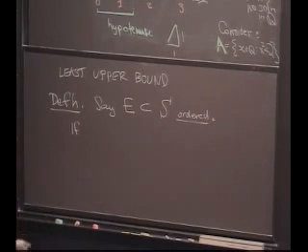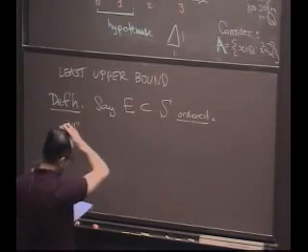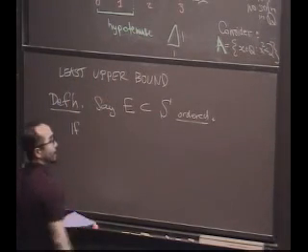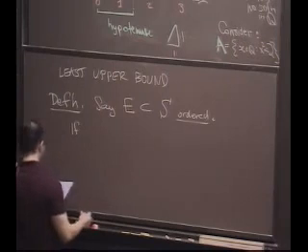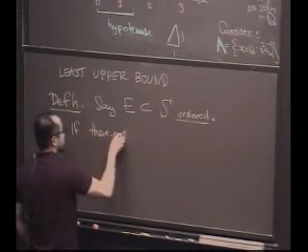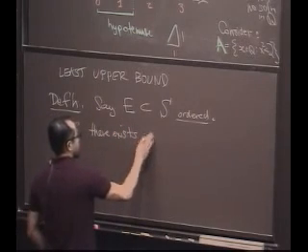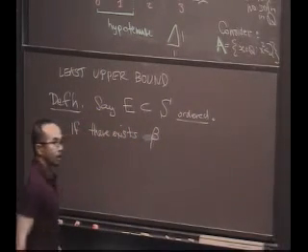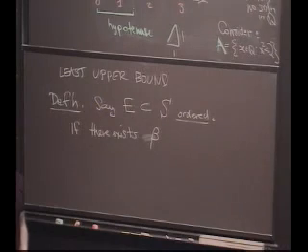So if there is a number that has the property that anything in the set is less than that number, we'll call that number an upper bound. So if there exists, let's say, a number, I'll call it beta for bound.